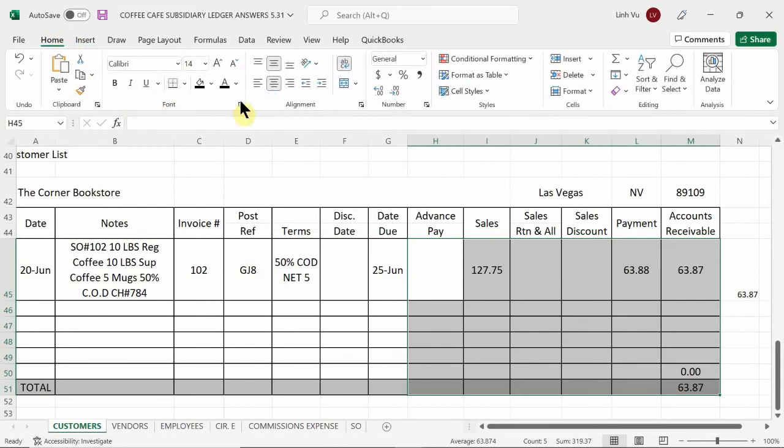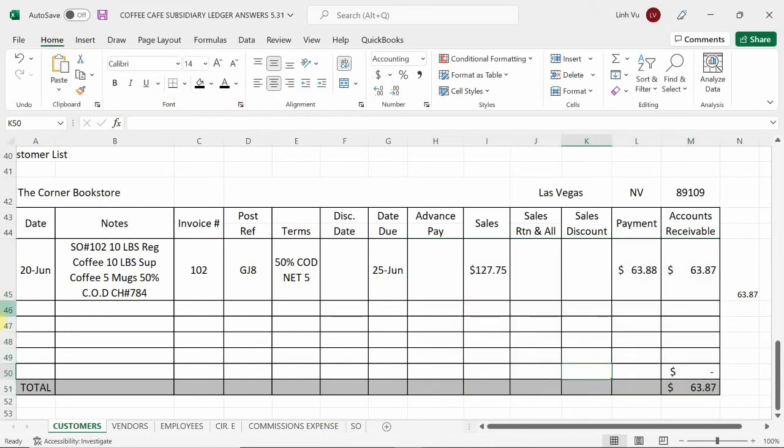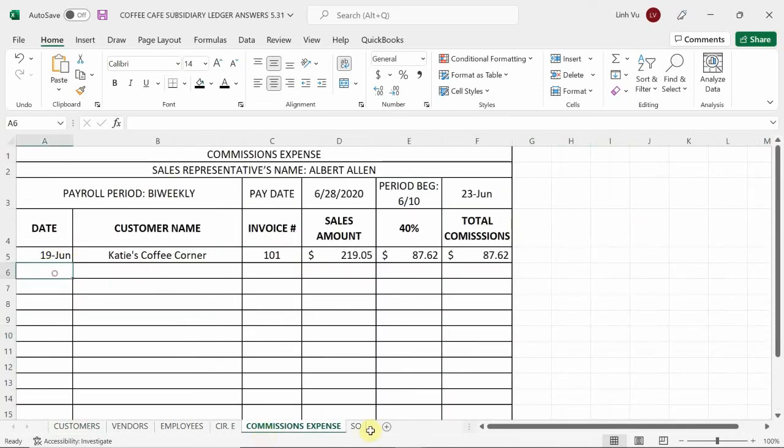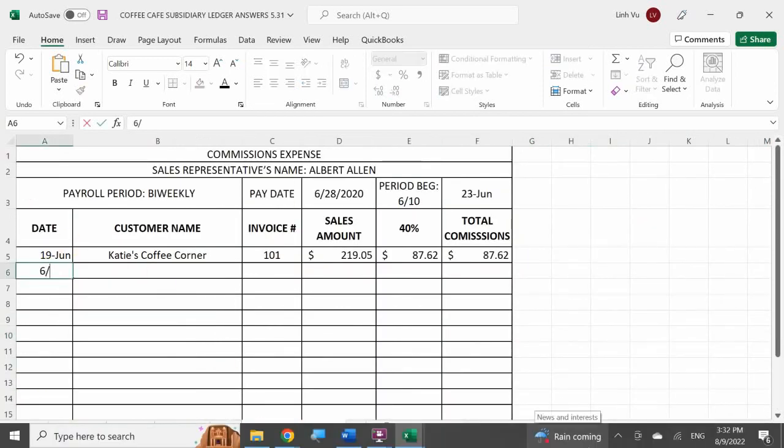We owe commission expense for Albert. Okay, we'll do the commission expense for Albert. Okay. It's 620. The Corner Bookstore. Invoice 102.